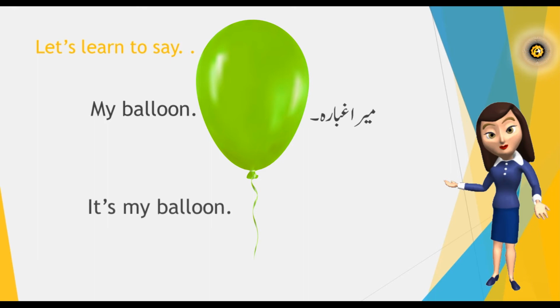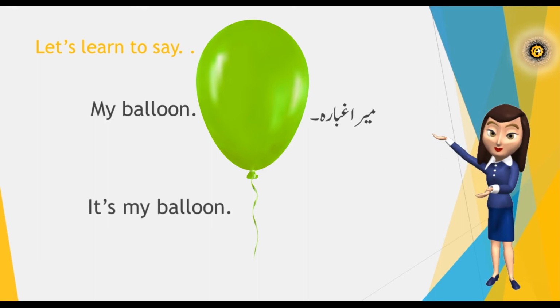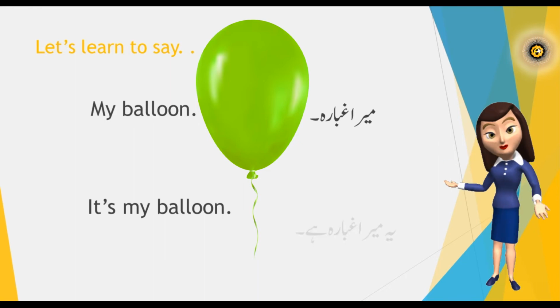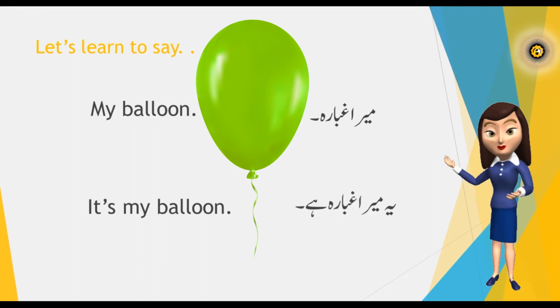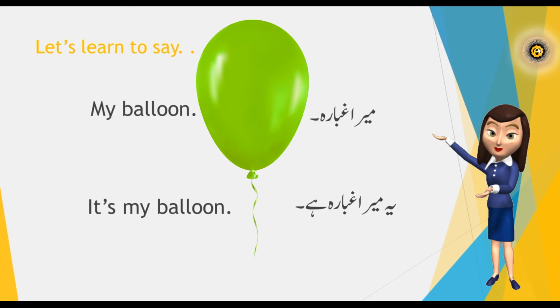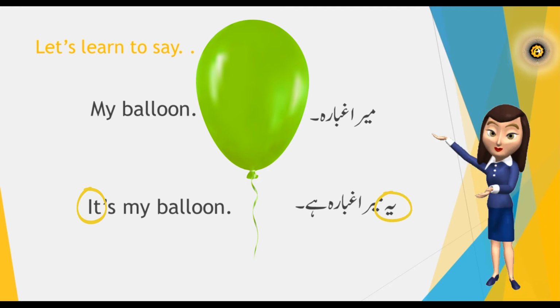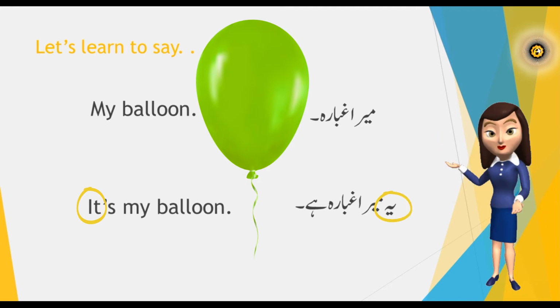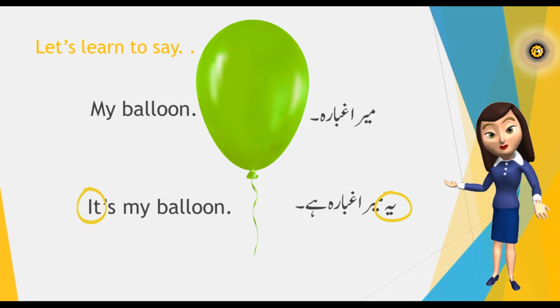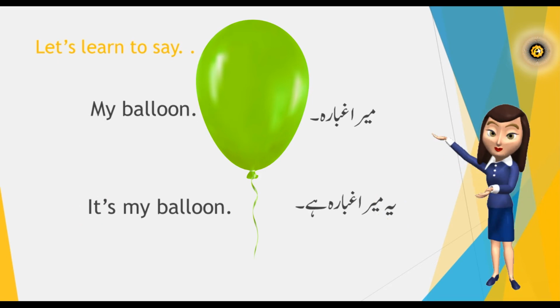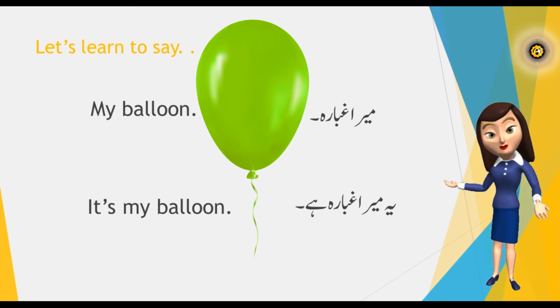Then we can always say it's my balloon. In English we say it's my balloon, and in Urdu it is ये मेरा गुब्बारा है. Remember, it in English and in Urdu it could be ये or it could be वो. So it's my balloon. ये मेरा गुब्बारा है.